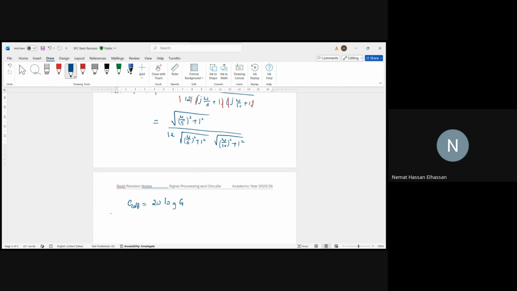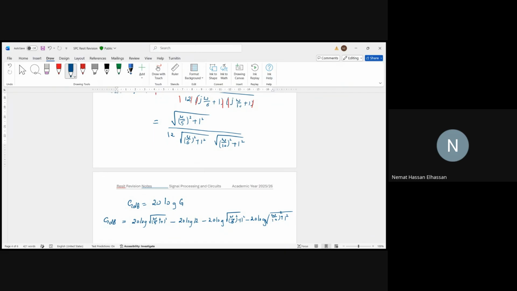Applying the laws of logarithms gives 20 log square root of omega over 5 squared plus 1 squared, minus 20 log 12, minus 20 log square root of omega over 6 squared plus 1 squared, minus 20 log square root of omega over 10 squared plus 1 squared.